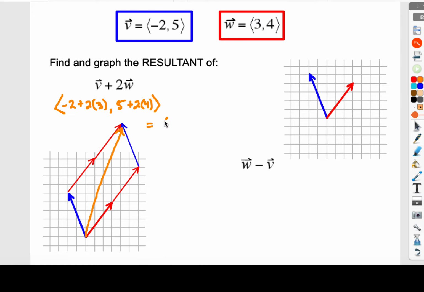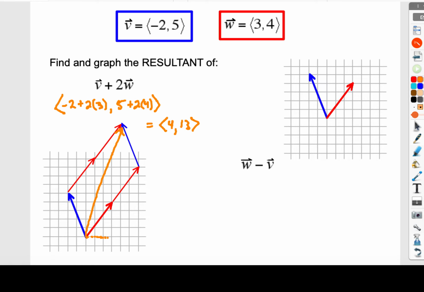And basically it becomes negative 2 plus 6 is 4, and 5 plus 8 would be 13. And if you notice, we went 4 units to the right, and we essentially went up 13 units. And it makes sense that's where we ended up, in that case.